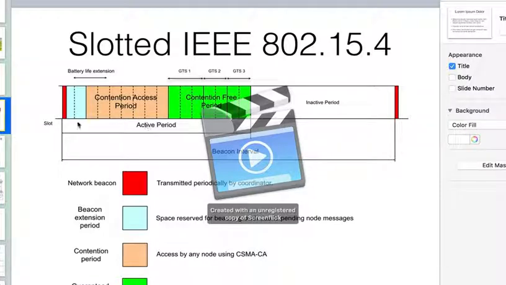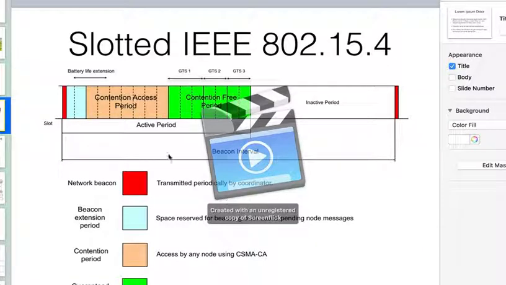And in the active period we have two parts, CAP and CFP. In the CAP, all the nodes compete with each other to access the channel, but in CFP, the coordinator gives each node a guaranteed time slot, or GTS, so they don't need to compete with each other.